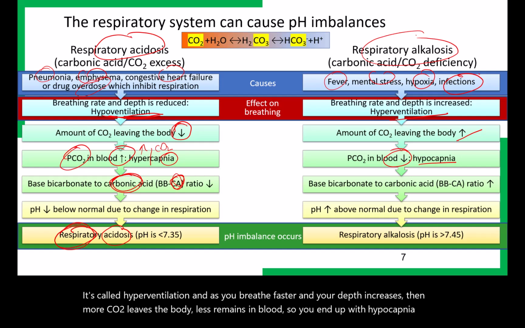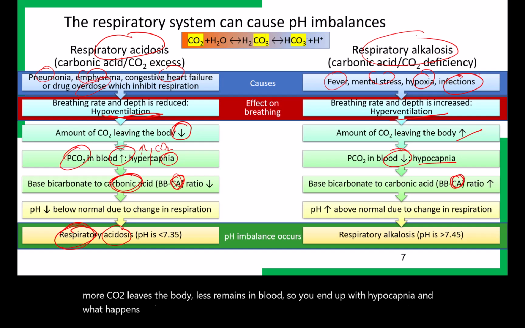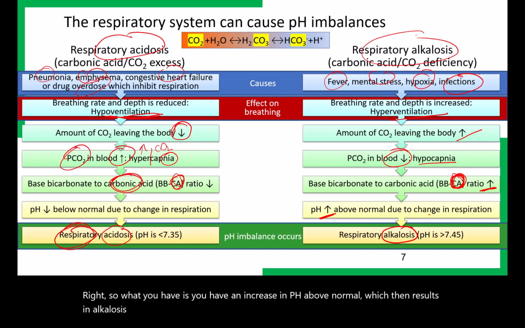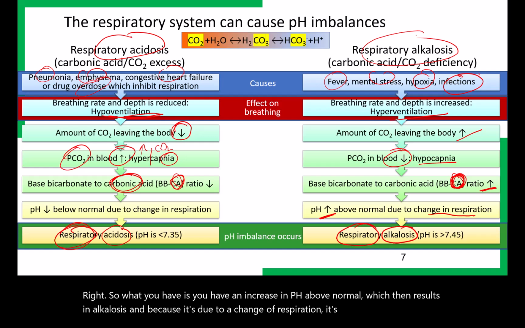And what happens is the amount of carbonic acid is decreased, and so the BB to CA ratio increases, right? So you have an increase in pH above normal, which then results in alkalosis. And because it's due to a change of respiration, it's called respiratory alkalosis.